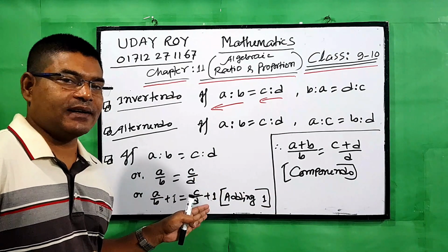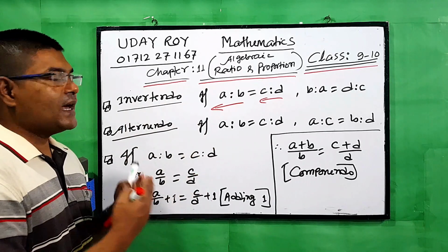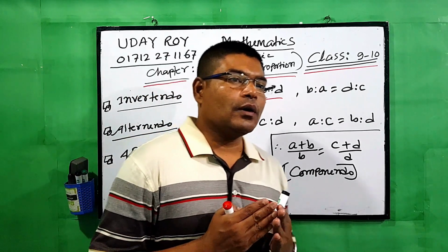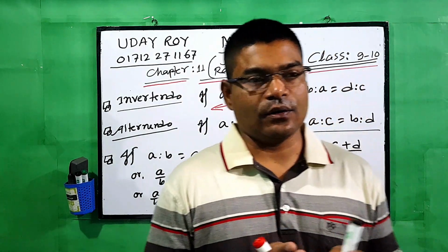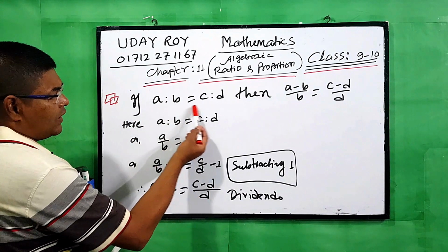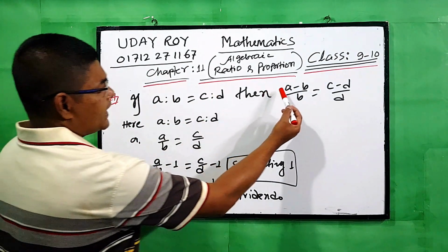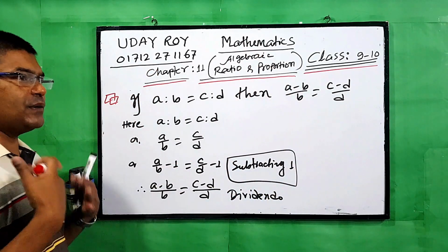This is the important part. Now we'll do dividendo. You can see A:B equal C:D. Then A minus B by B, C minus D by D will come. How is it possible?